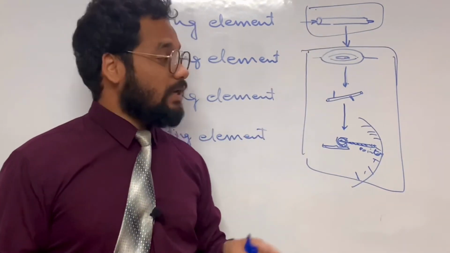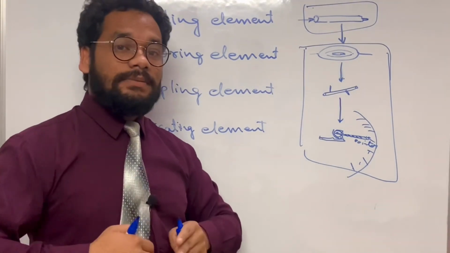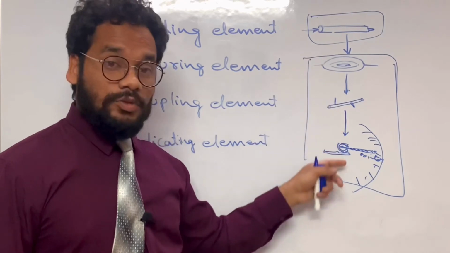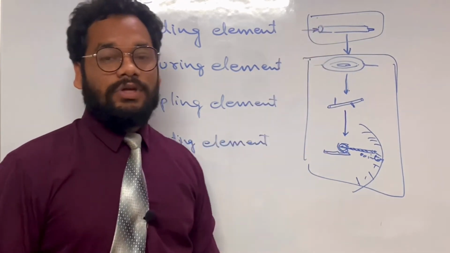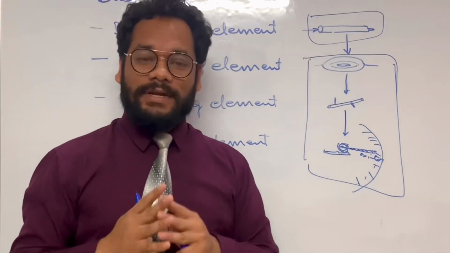Hence, a mechanism can have all four elements within a single casing, or it can be like this, with three units within a single casing and one separate. I hope you are clear with the basic elements of mechanical instruments.